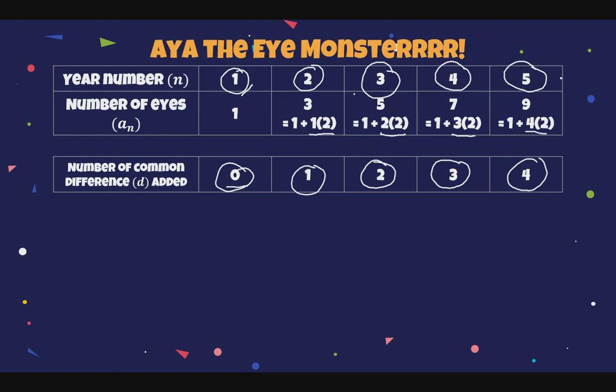To get the number of common differences that we will add to get a specific term, we deduct 1. From 5, we deducted 1. That's why we have 4. Here, we have 4 minus 1 is 3. So, if this is n, then the number of common differences that will be added to the first term is n minus 1.